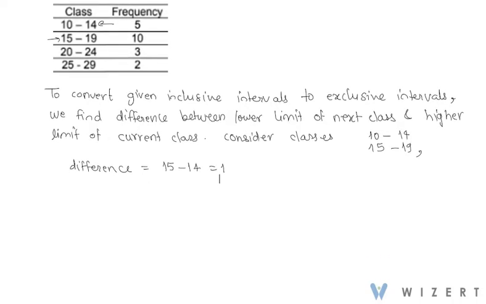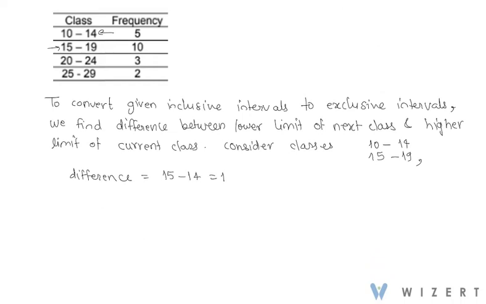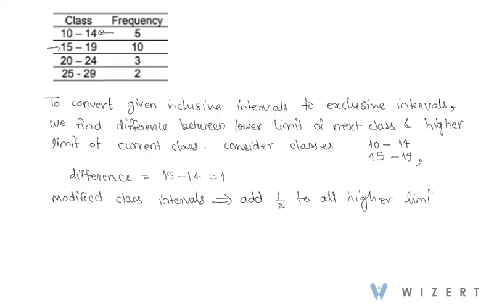And modified class intervals will be: add 1 by 2 to all higher limits and subtract 1 by 2 from all lower limits.